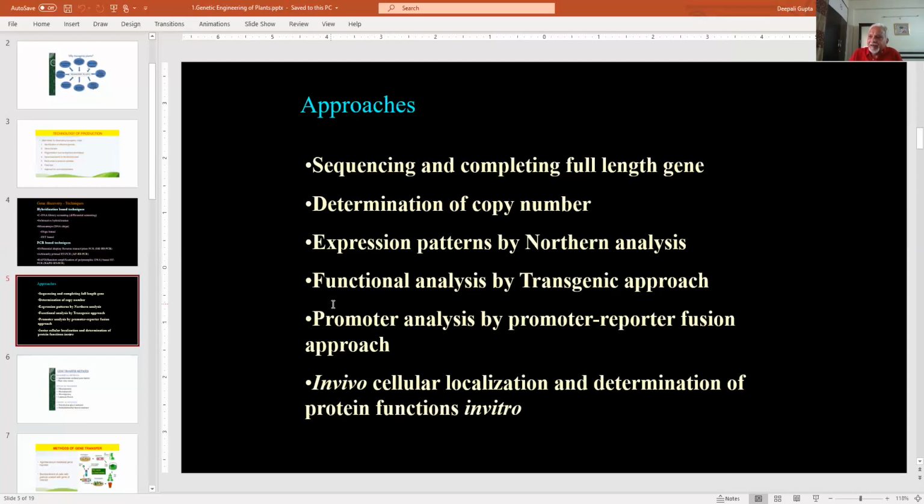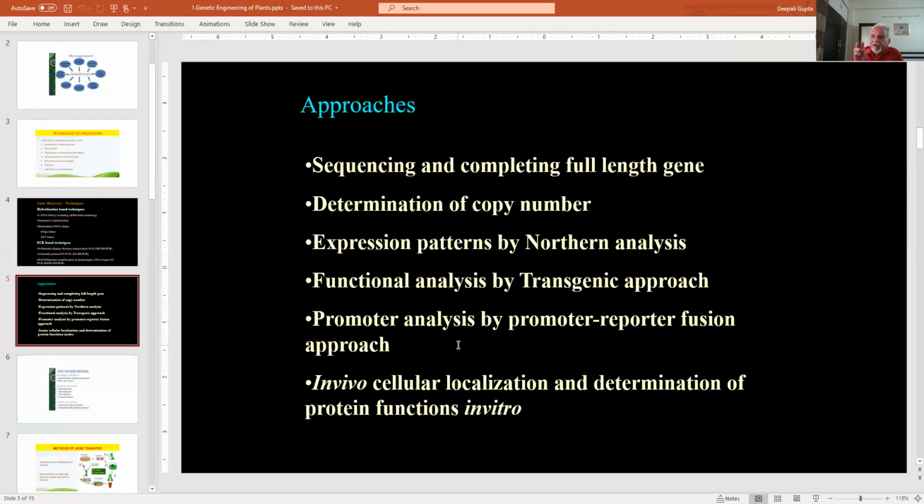Once that is done, one can also look at the promoter analysis by doing promoter reporter fusion approach to make sure that the gene in hand is responding to a particular stimulus.